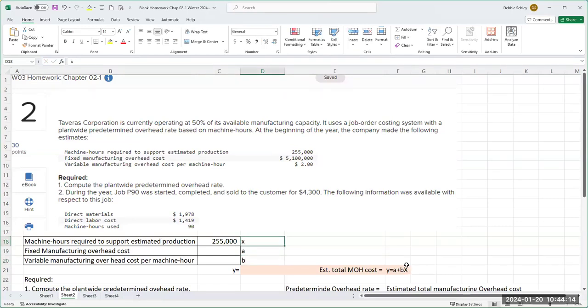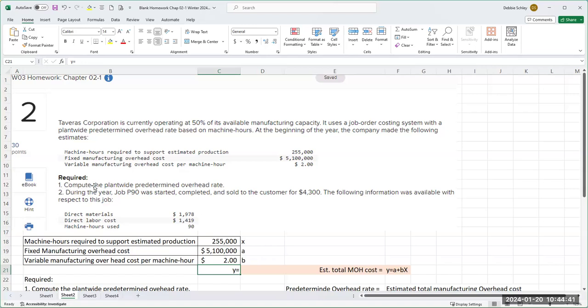So that is X in my formula. Fixed manufacturing overhead cost is 5,100,000. Make sure you get enough zeros there. And then variable manufacturing overhead cost per machine hour is $2. And I forgot to remind you, sometimes my numbers are different than yours, but the calculations should be the same.